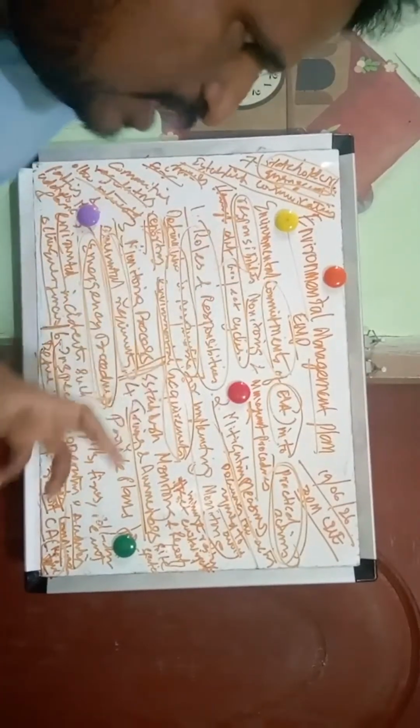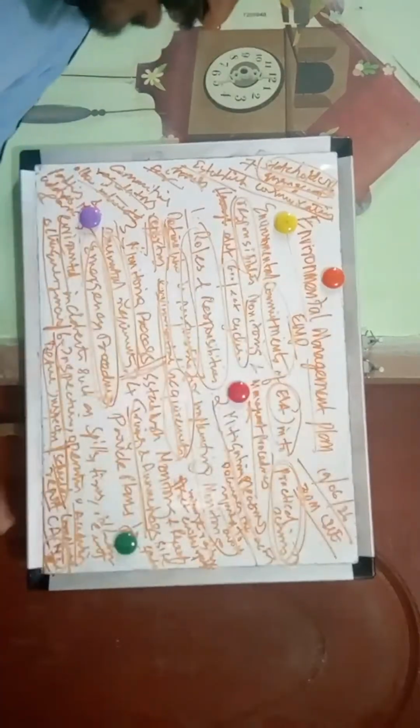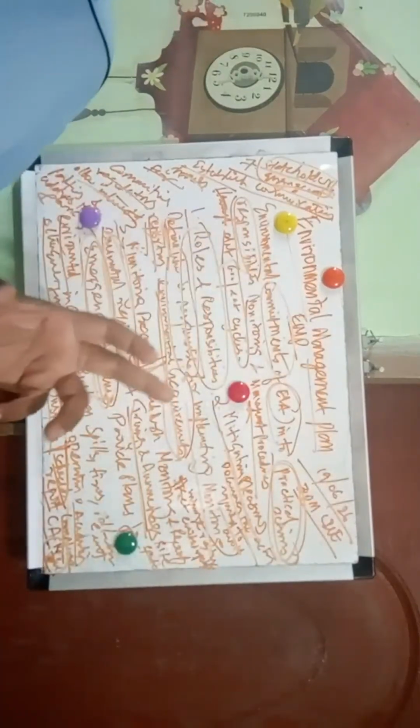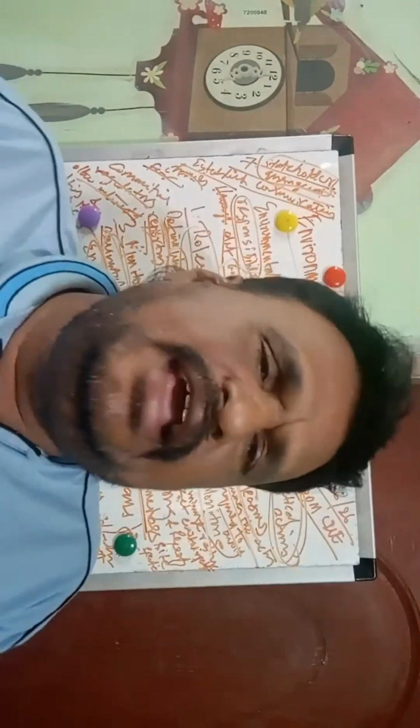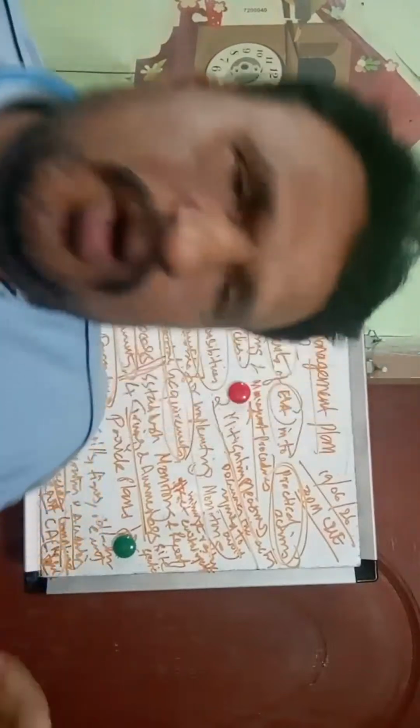So this is the major part of the environmental management plan. The EMP is mainly the practical implementation of the EIA.